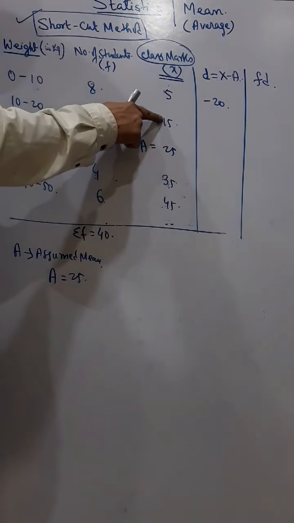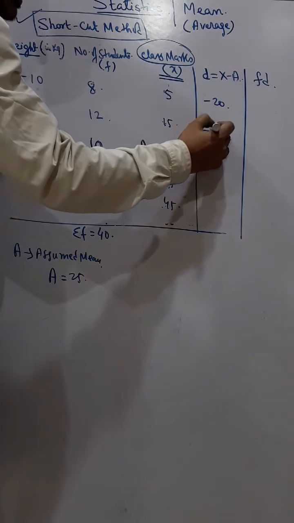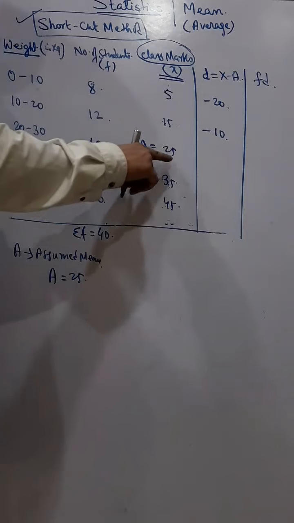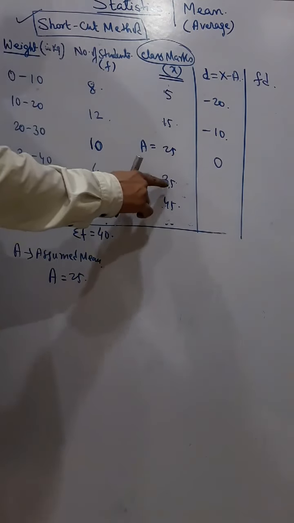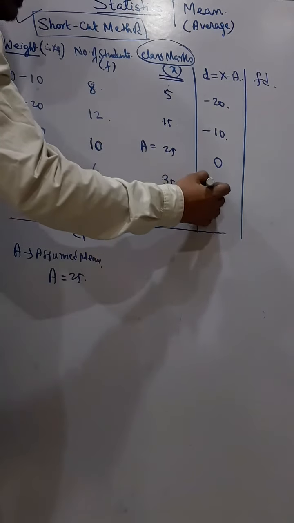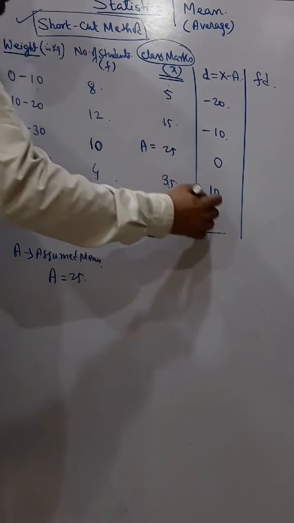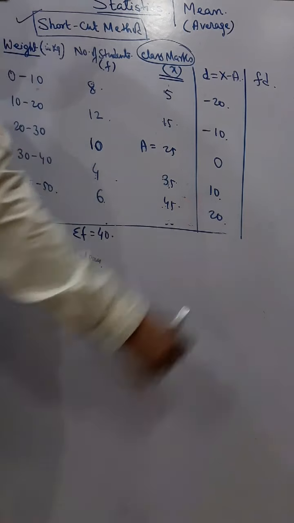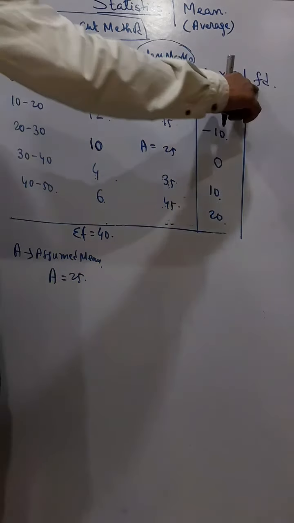Then 15 minus 25, you get minus 10. Then 25 minus 25, we will get 0. Then 35 minus 25, you get 10. And then 45 minus 25, you will get 20.